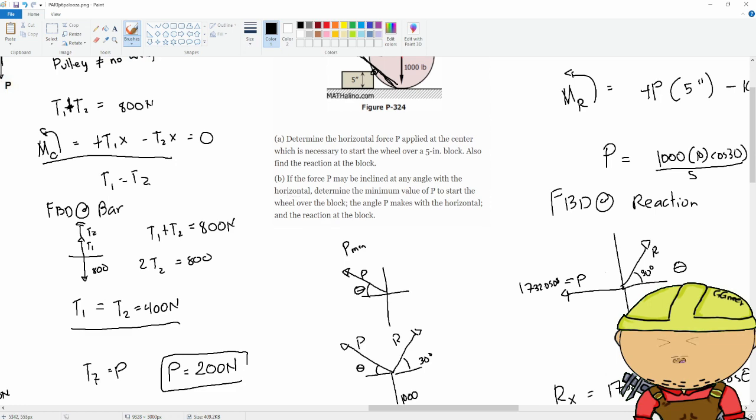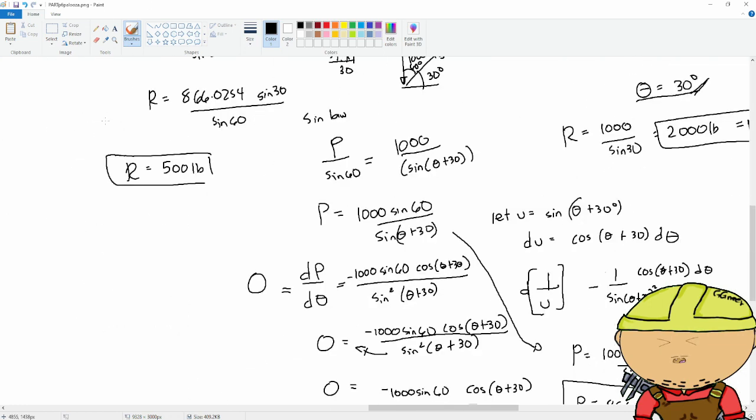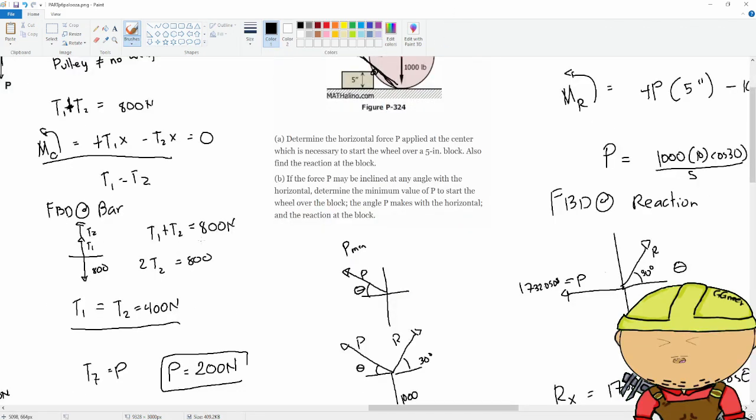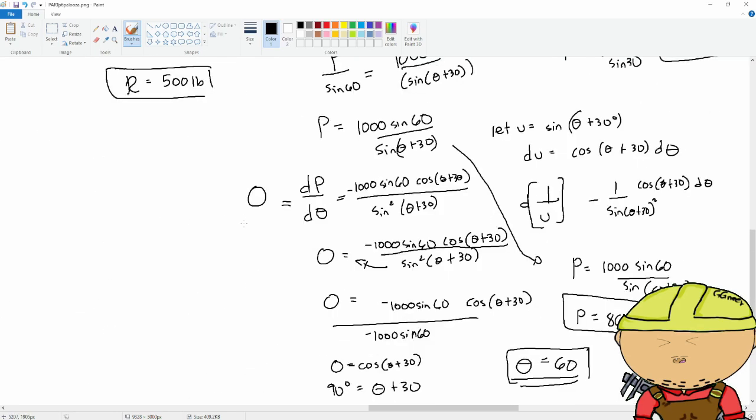I hope you guys learned something new. That's differentiating in a physics problem. That's pretty new. Just go with the flow. Always remember the key terms and concepts that you learn from different subjects. And when it comes to minimum, you differentiate.